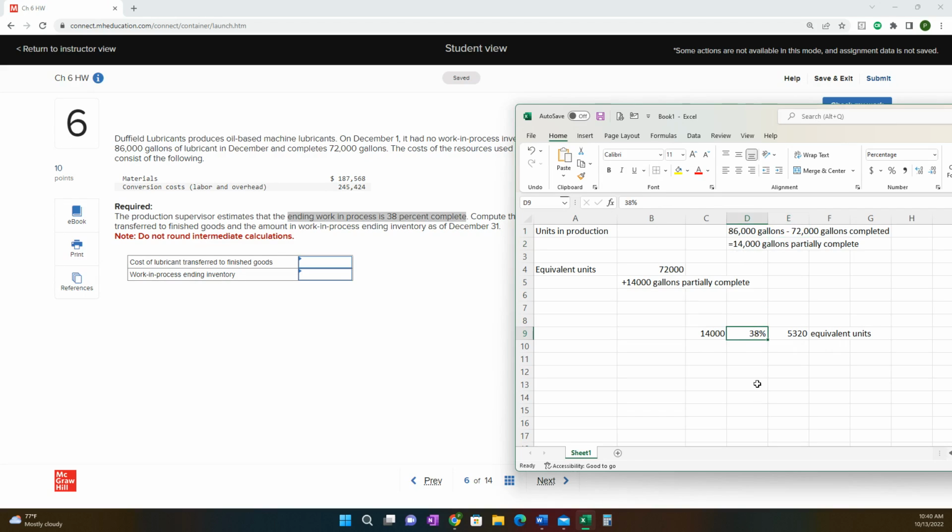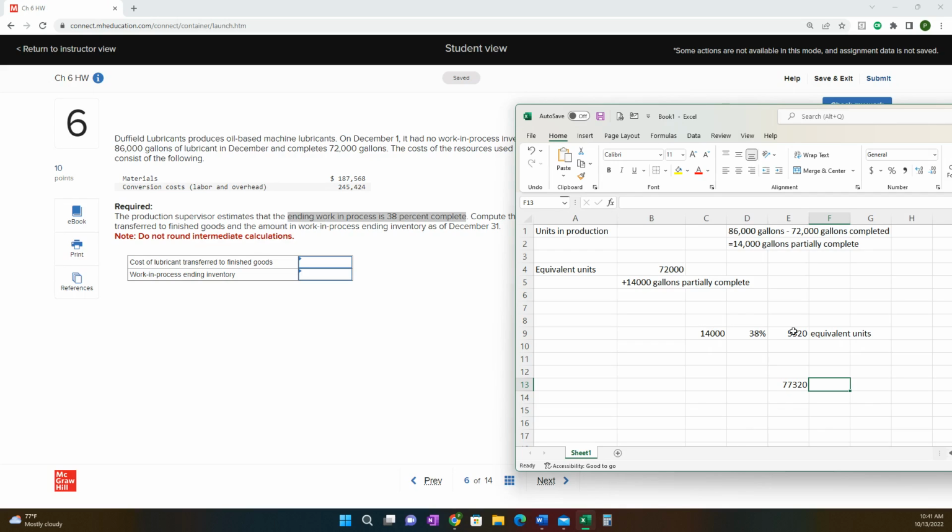We actually only have the equivalent of 5,320 units. So if we do the 72,000 complete plus the 5,320 that are theoretically complete, we actually produced 77,320 gallons during the month.